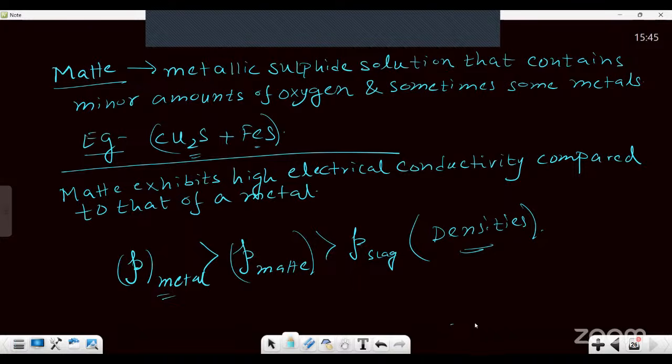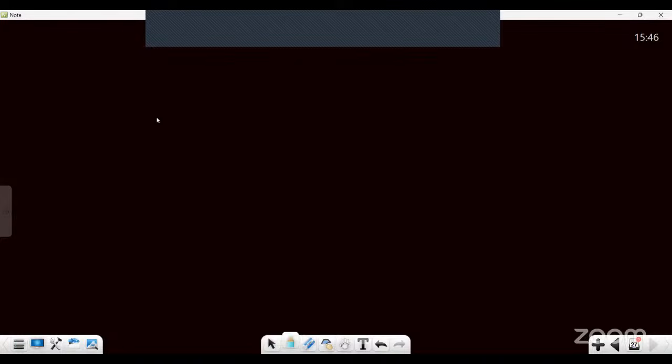Metal at the bottom, followed by the matte, and then on top of the matte, you will find the slag. Exactly like this.